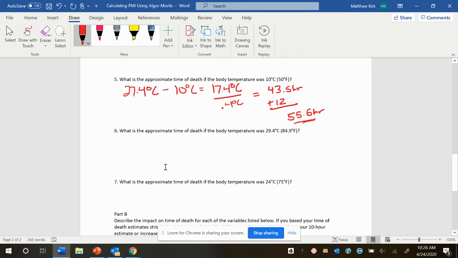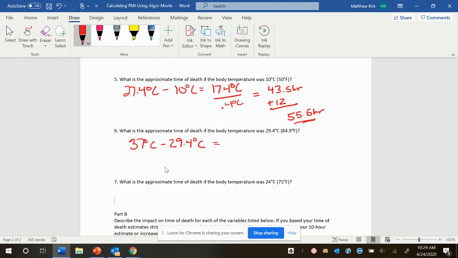And then let me do maybe number 6 here, just one more. Look at that body temperature, 29.4. Again, think about how we might solve this. Maybe pause the video. See if you can do it. All right, here I go. The measured temperature is greater than 27.4, so this tells us it was less than 12 hours.